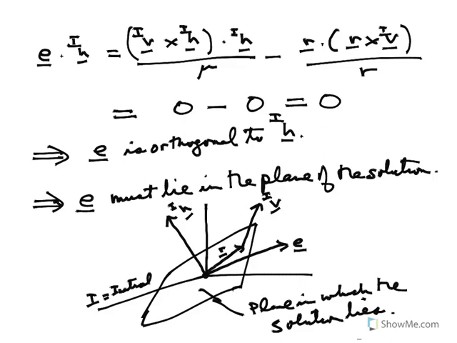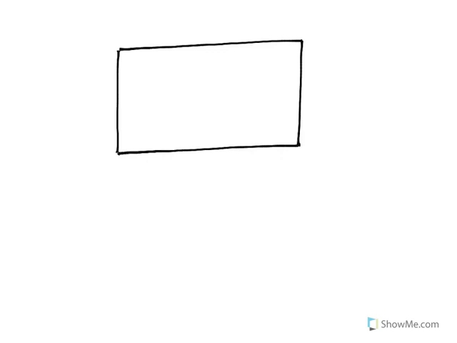So now we have some information that will allow us to be able to solve the two-body differential equation spatially. And here's how we're going to do that. Let's look down on this plane. So here's that plane that we had put at an angle before, but we're no longer going to put it at an angle. Here's point O. There's the direction of the eccentricity. There's the direction of the position.